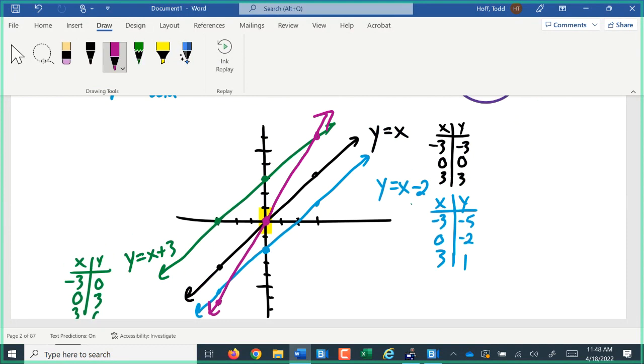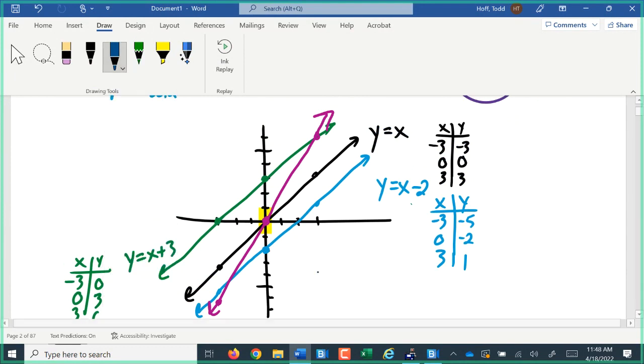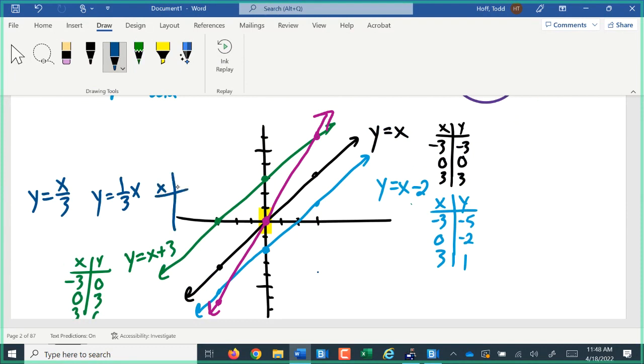If we want it to be less steep, it makes sense, then we would divide. If multiplying makes it more steep, division should make it less steep. Well, instead of dividing, we could do y equals x divided by 3 like this. But what I'm going to do is this. I'm going to do y equals 1/3 times x. I'm going to multiply by the fraction. So I do my table, x and y.